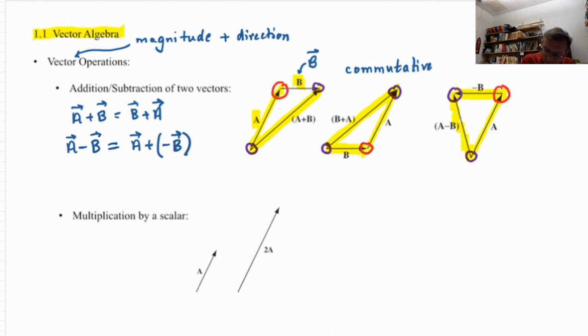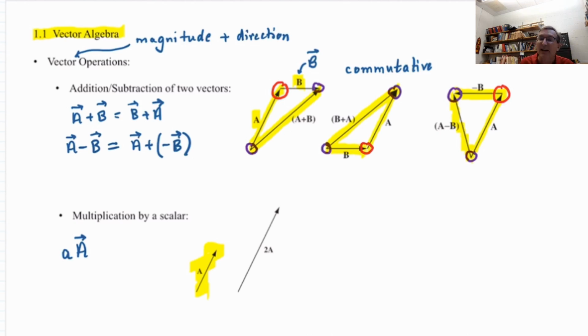If I use the symbol A, for a vector of a certain magnitude and direction, there it is, there's A, and we want to multiply it by a scalar, I will, using your author's notation, represent a scalar as just a regular italicized letter. Doesn't matter what letter it is.